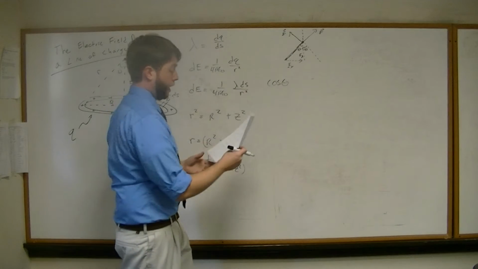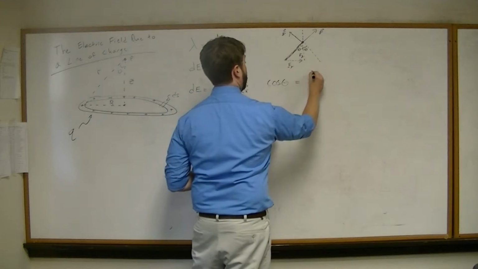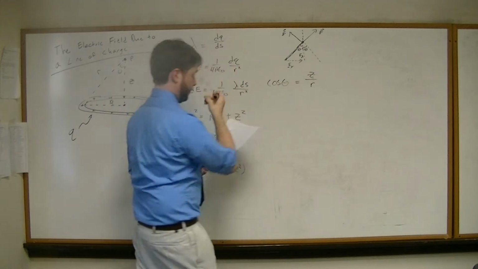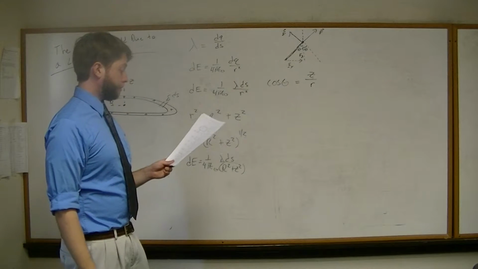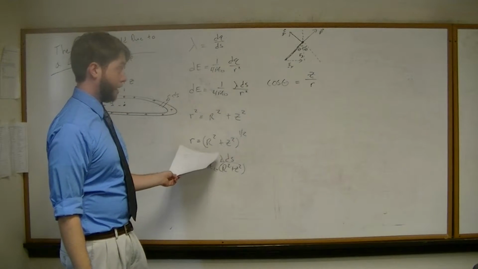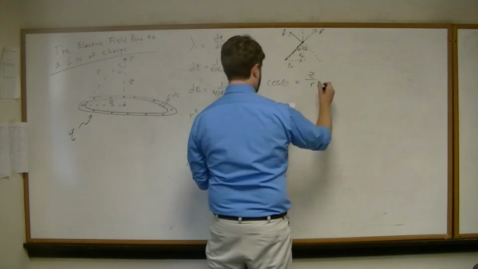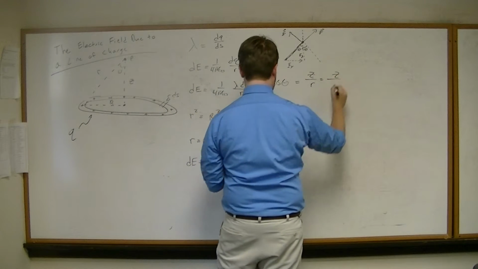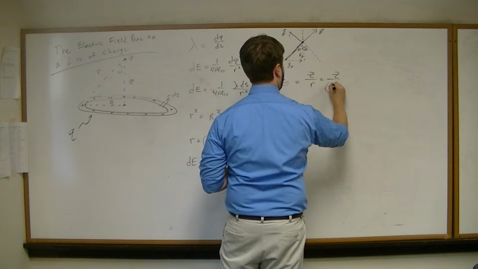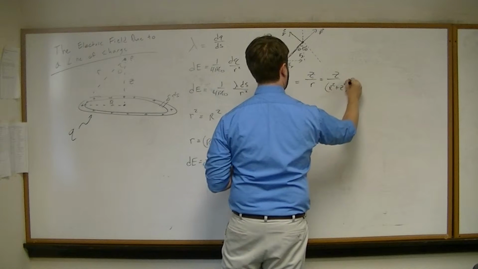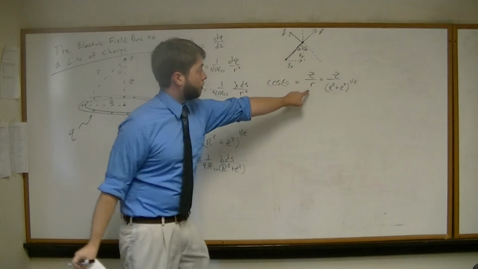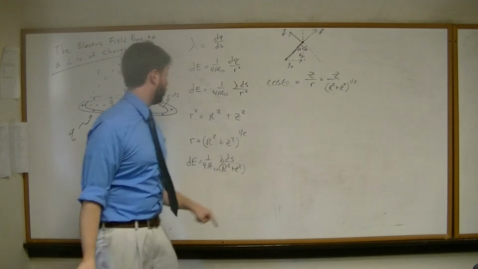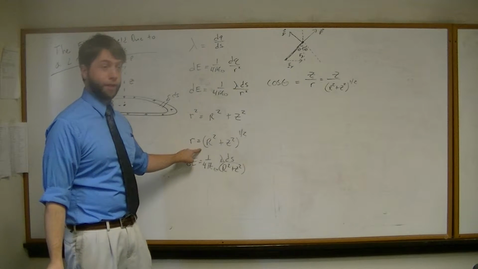So the cosine of theta is going to be equal to z over r. And now r we found down here, so we have z over r squared plus z squared to the 1/2 power. So I replaced the little r right here with the little r right down here.